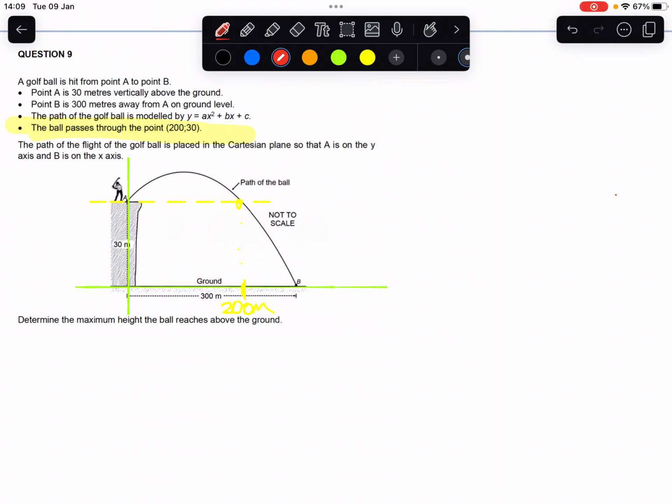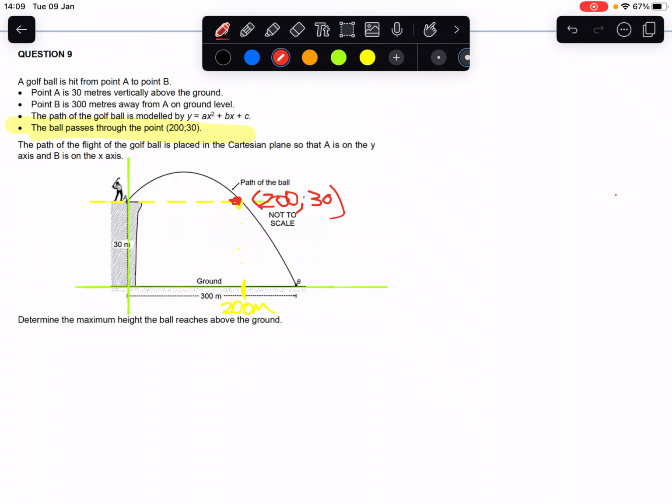Maybe let's get back to more visible colors. So this is the point 230. Right, and the question asks us to determine the maximum height that the ball reaches above the ground.